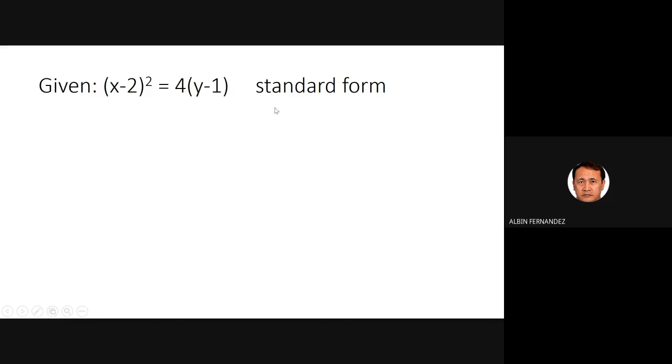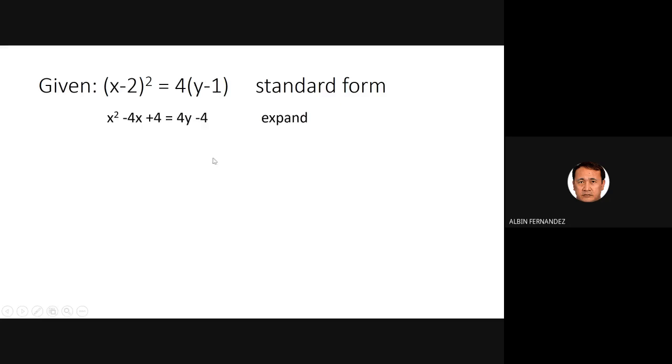The given equation is actually in the standard form, so you might want to transform this into the general form. And how do we do that? Simply by expanding the given equation. Here, you will have to expand this square of a binomial, and distribute 4 to each of the terms.